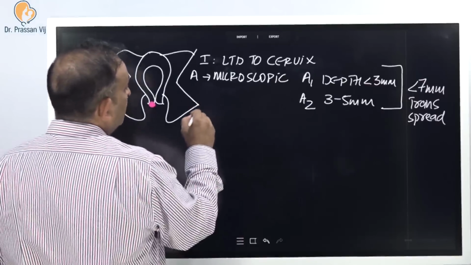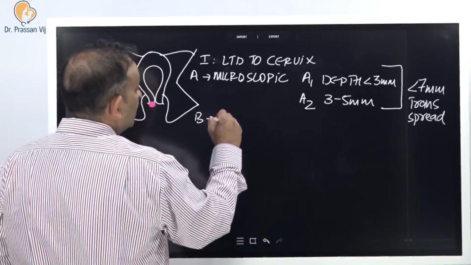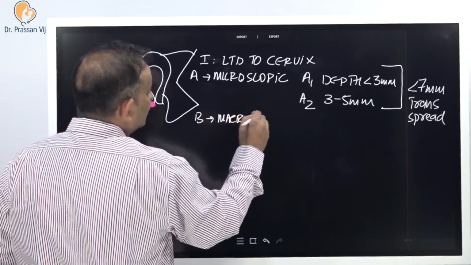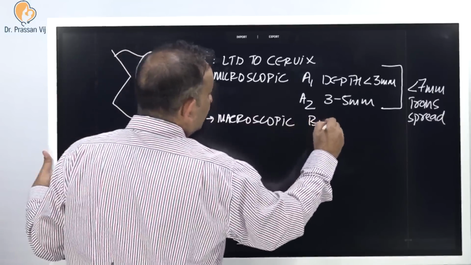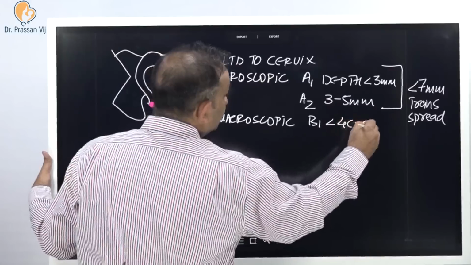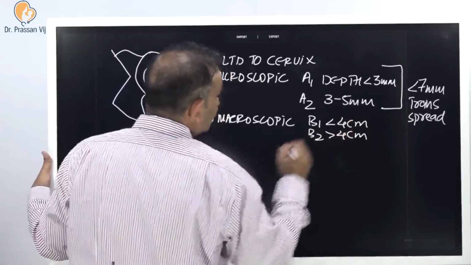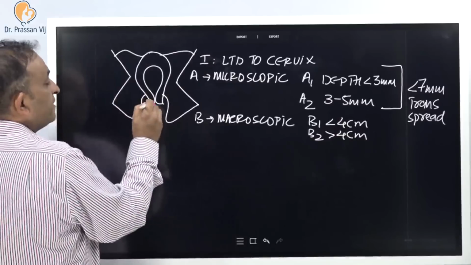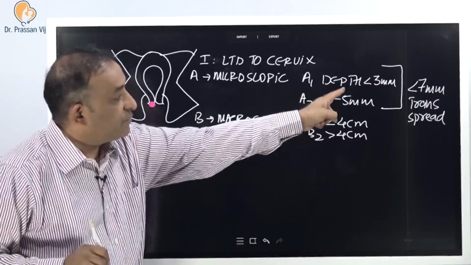So, stage 1B is an obvious or a macroscopic cancer, and this is the microscopic cancer. 1B1 is less than 4 centimeters in size, 1B2 is more than 4 centimeters in size. See this? This is a 1 centimeter cancer. Earlier the lengths were in millimeters.